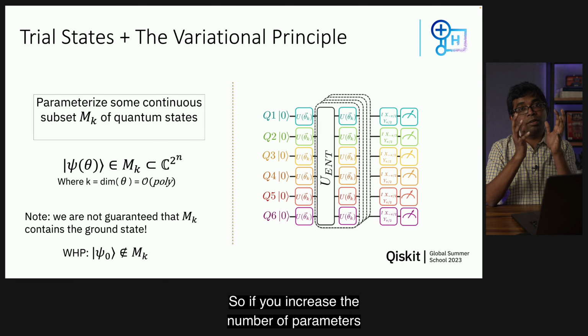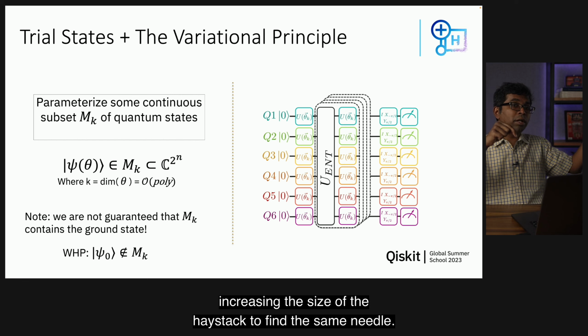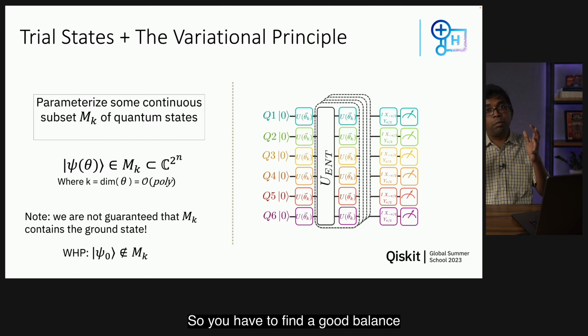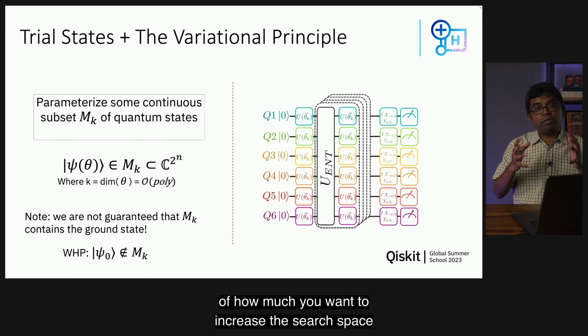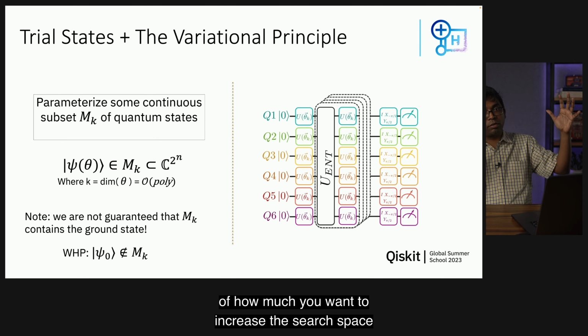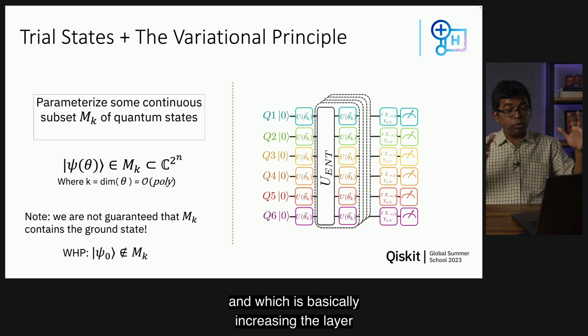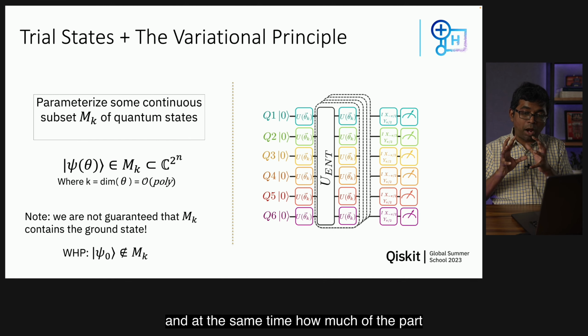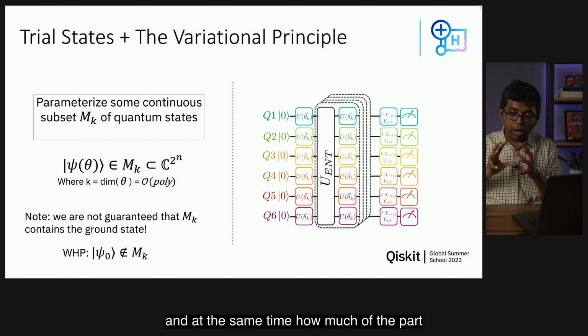So if you increase the number of parameters by increasing the number of layers, every time you add a new parameter, you're increasing the size of the haystack to find the same needle. So you have to find a good balance of how much you want to increase the search space, which is basically increasing the layers, and at the same time how much of the Hilbert space you would like to explore. So there is no one solution. You just have to experimentally try which combination works for you.